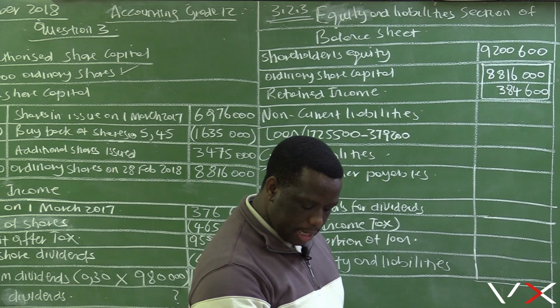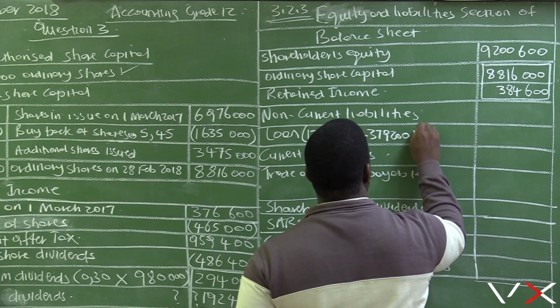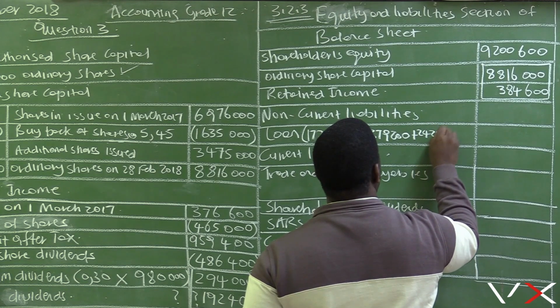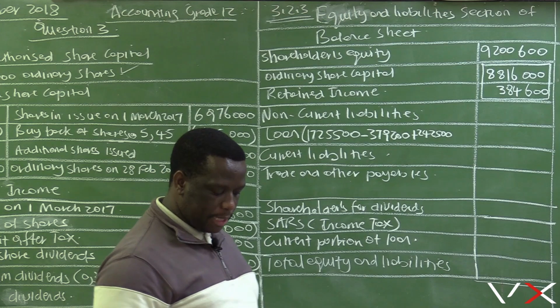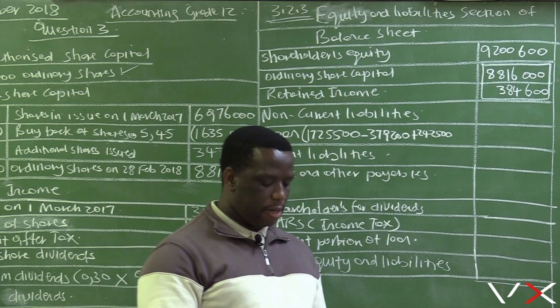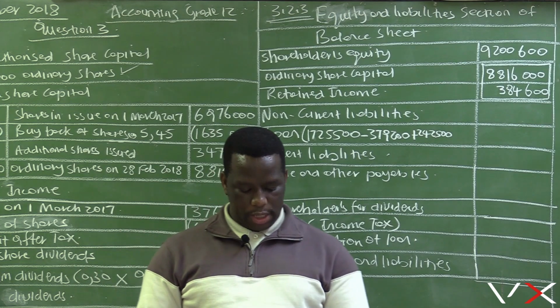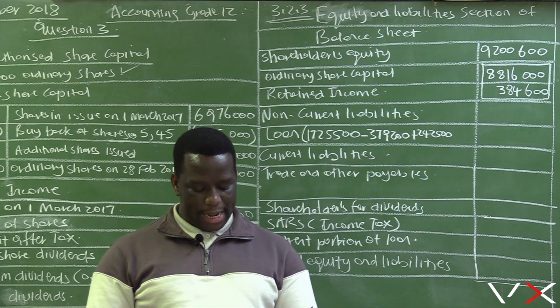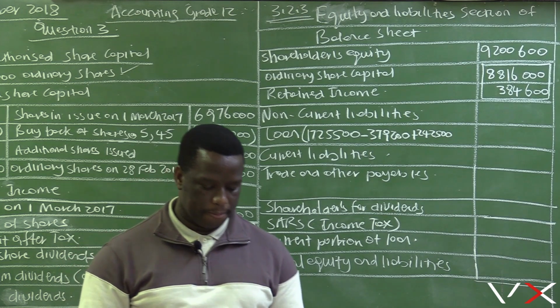Check also the interest. In the transaction, it says capitalized interest amounted to 242,500 for the year ended 28 February 2018. So this is plus 242,500. Interest for the next financial year is expected to be 162,000.